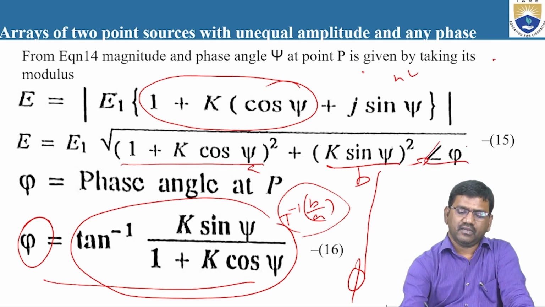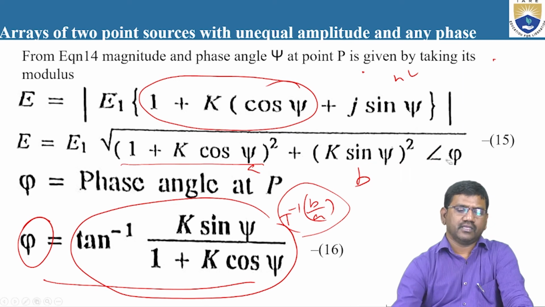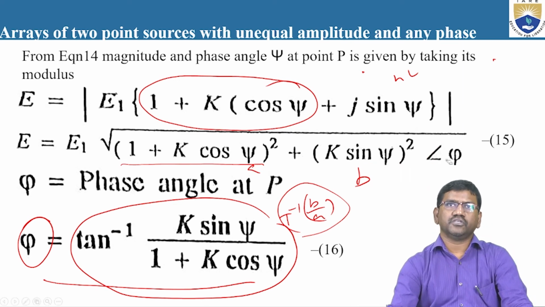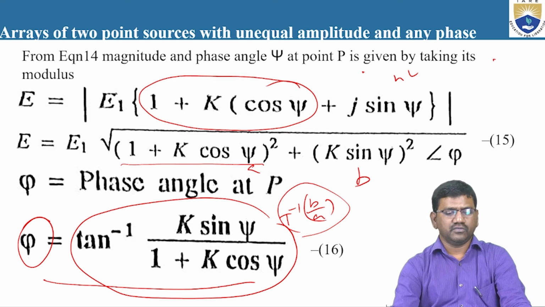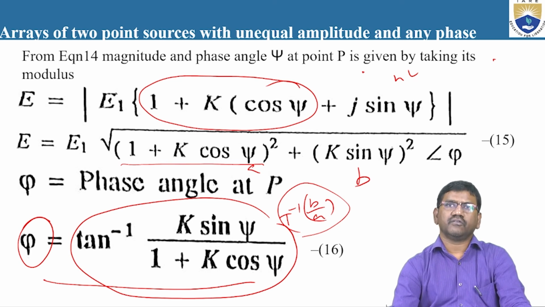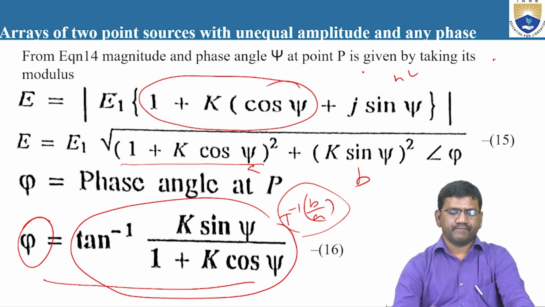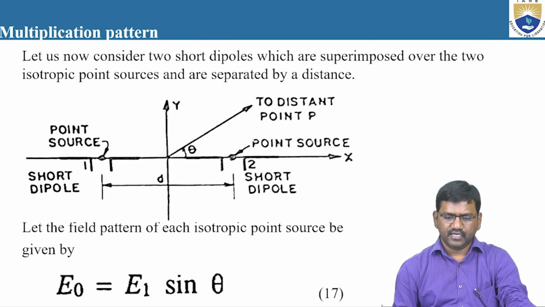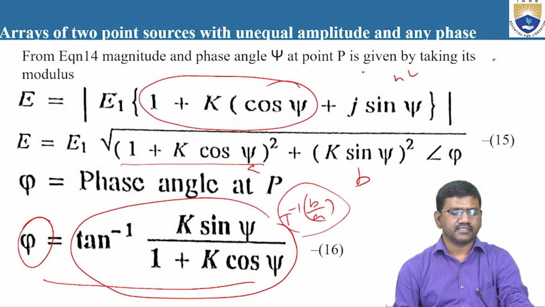So the total field strength produced by two point sources with unequal amplitude and any phase is given by E is equal to E1 into 1 plus k into cos psi plus j sin psi, or simply E is equal to E1 into root of 1 plus k cos psi whole square plus k sin psi whole square at an angle pi. So this is the array of two point sources with unequal amplitude and any phase.